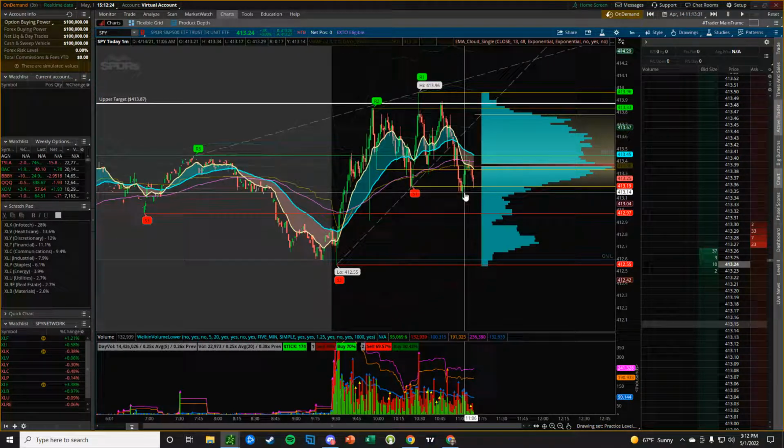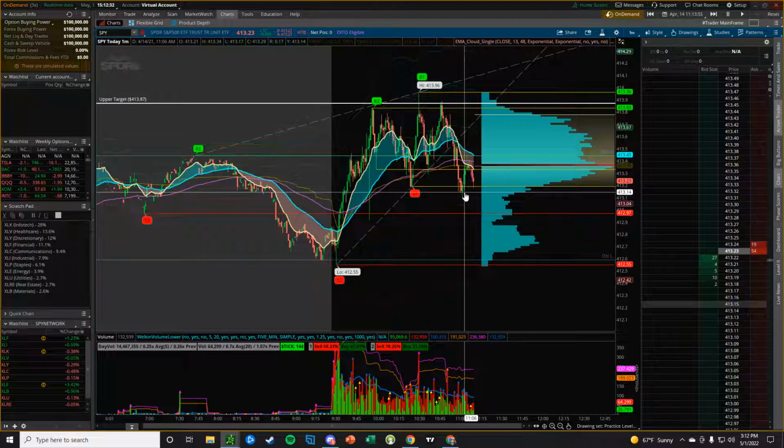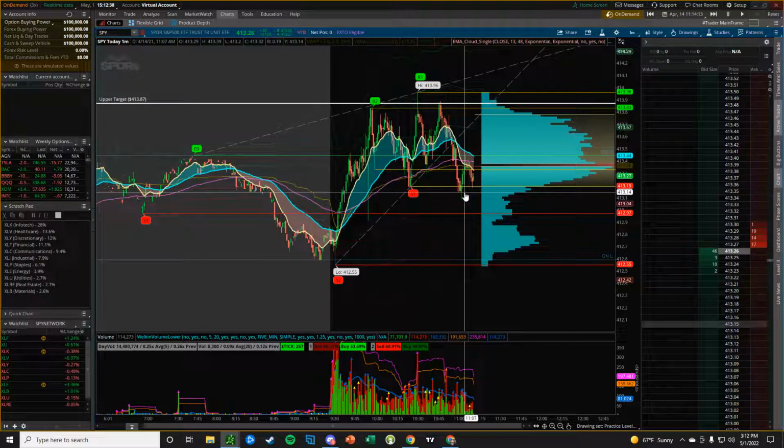All right, about 15 more minutes, or well, in 3 times sped up, that won't quite be 15. It'll be more like 5 minutes. We're going to go ahead and take a peek at the contract chart just to get an idea of what we would have made today based off of our play style.